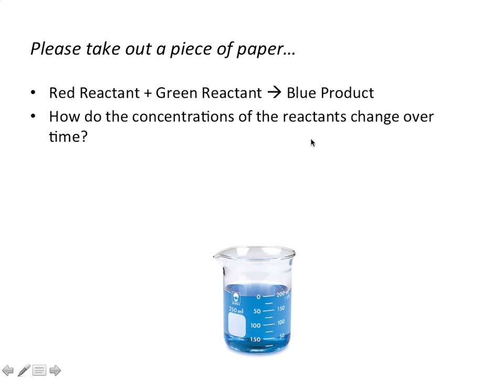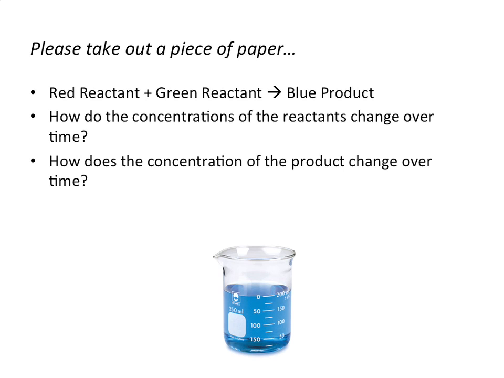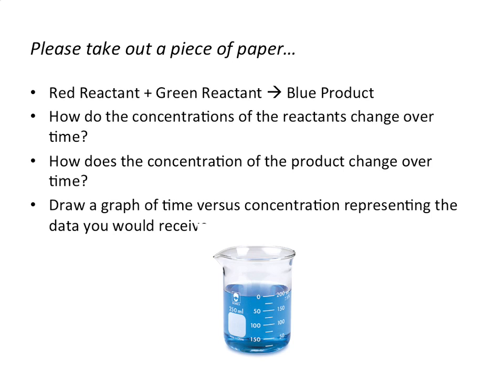So we're looking at what the concentration of the reactants would do over time. Well, over time, they're going to decrease in concentration because the reactants start forming the products. If there's less of the reactants there, then the concentration is lower. The concentration of the product then over time is going to increase, because the reactants are turning into those products.